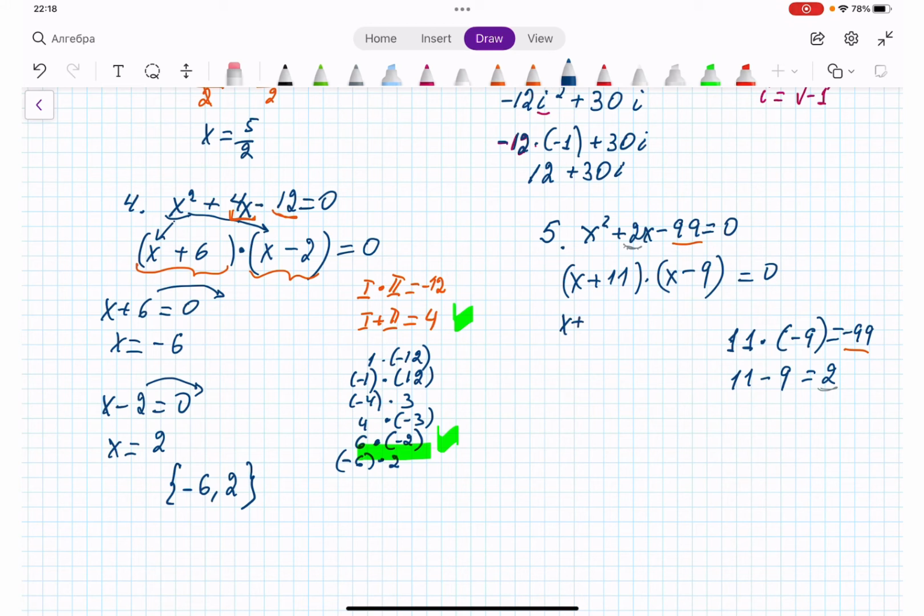Either x plus 11 is equal to 0 or x minus 9 is equal to 0. When x plus 11 equals 0, I'm flipping 11 to this side, and x is equal to negative 11. When I'm flipping negative 9 to this side, I'm getting x is equal to 9, which means the answer is going to be negative 11 and 9.